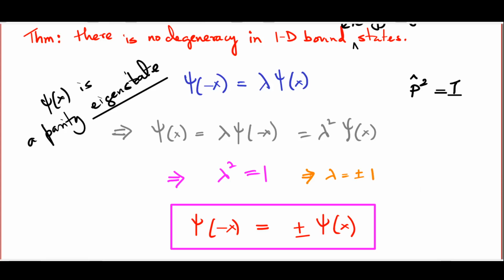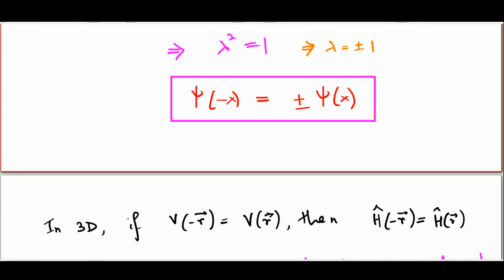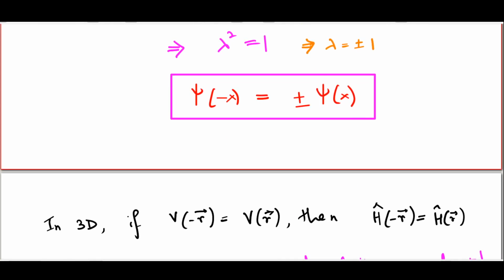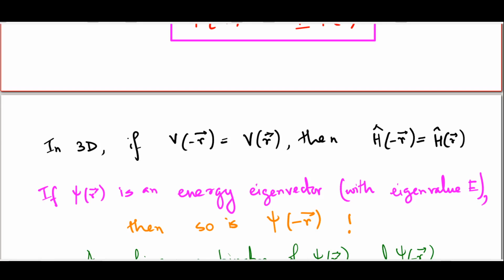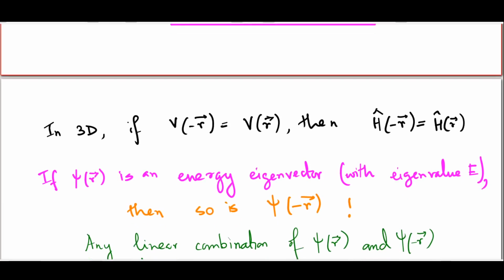In 3D, a very similar result holds true. Of course, if V of minus R is V of R as I've said, then H of minus R must be H of R. And then the same result follows.